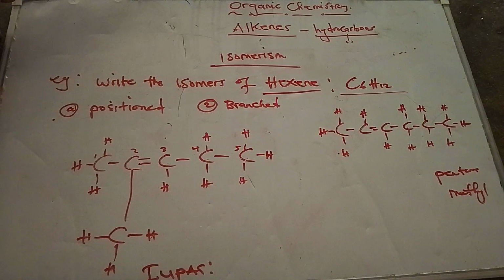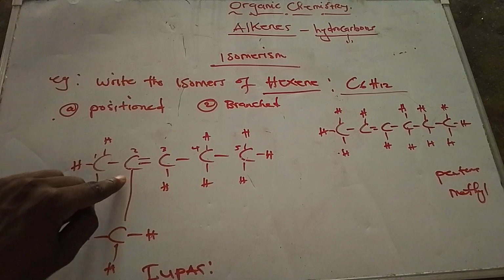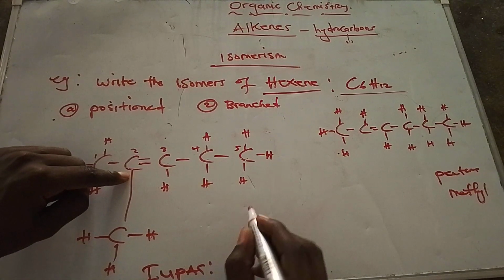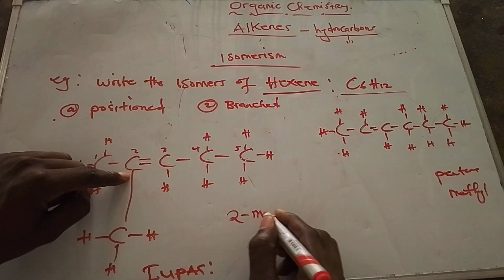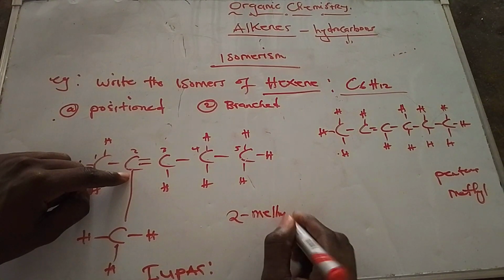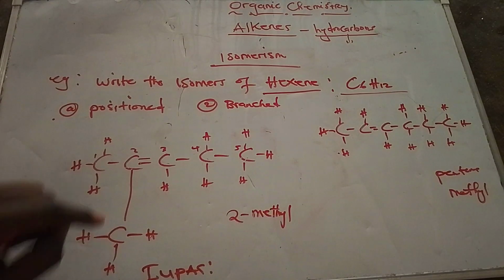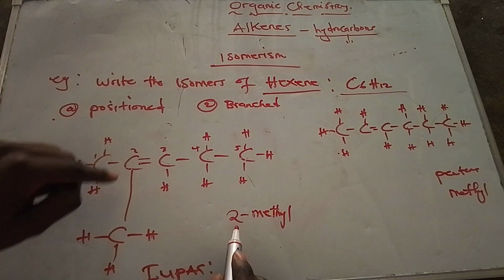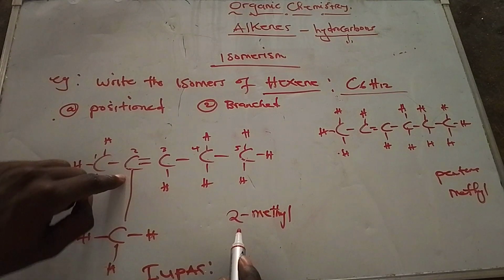This is 4. So this branch is attached to carbon number 2. Therefore, we'll say 2 hyphen methyl. 2 methyl. 2 is representing carbon number 2, where this branch is touched.